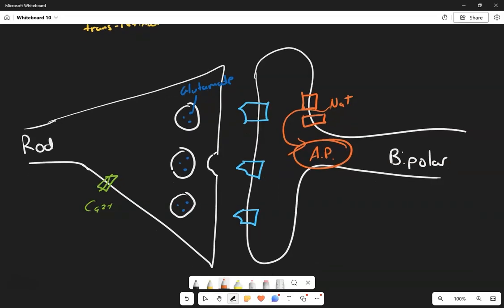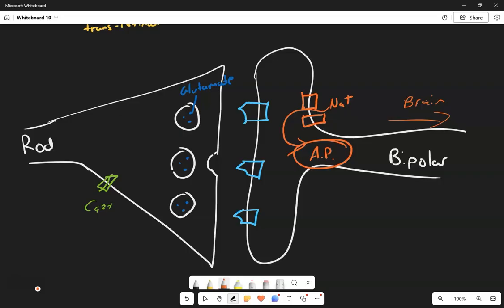So by inhibiting the rod, we do not release this inhibitory neurotransmitter, which means we stop the inhibitory postsynaptic potential in the bipolar cell. So by stopping the release of the neurotransmitter, we get the signal in our bipolar cell, which then can send the signal to the brain.